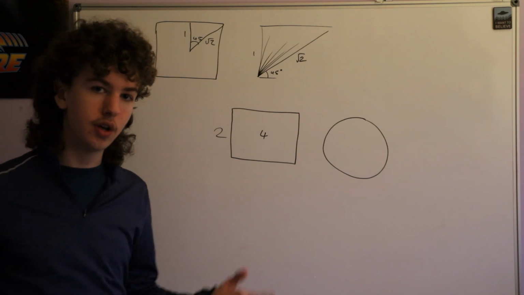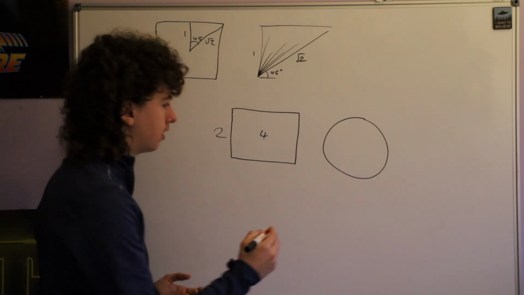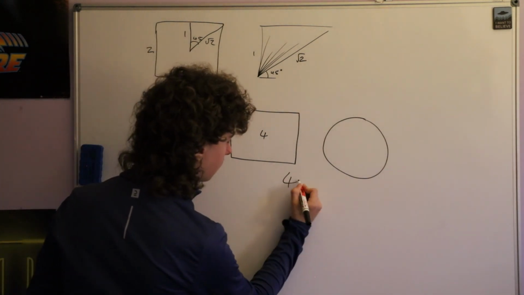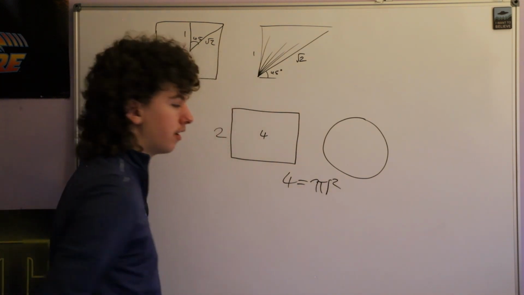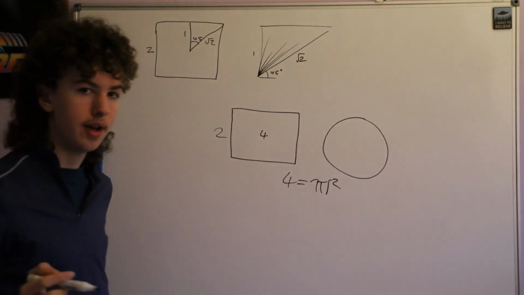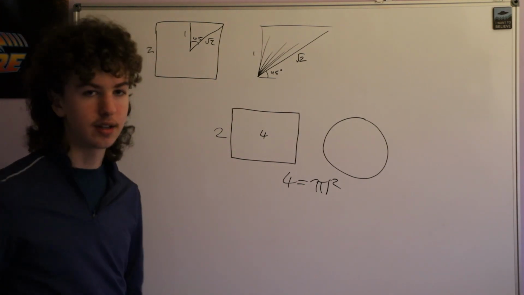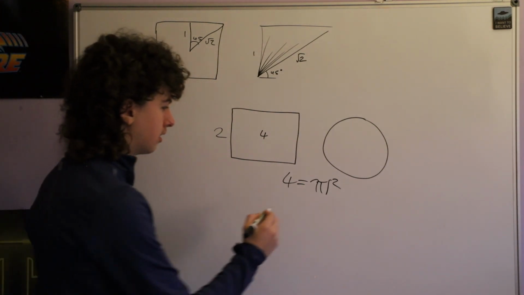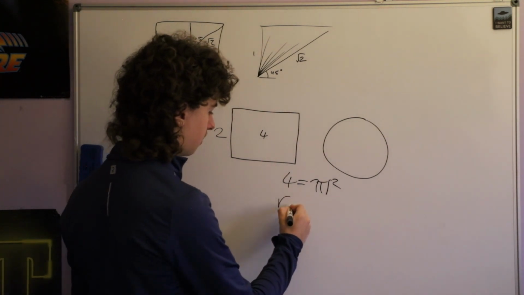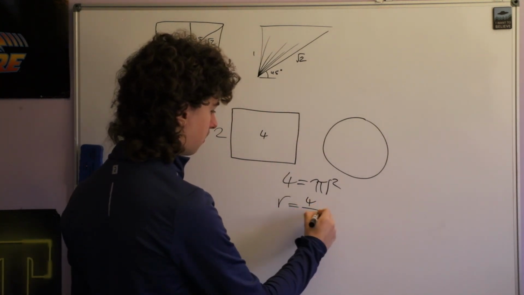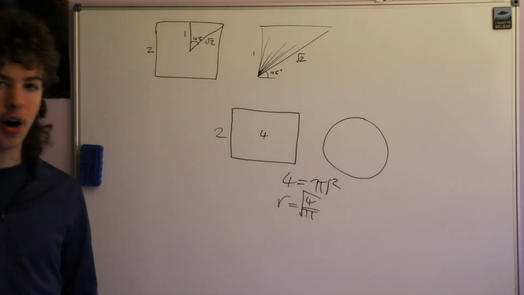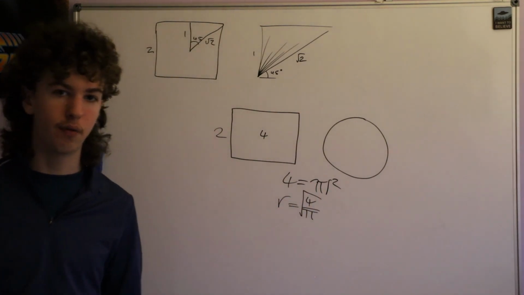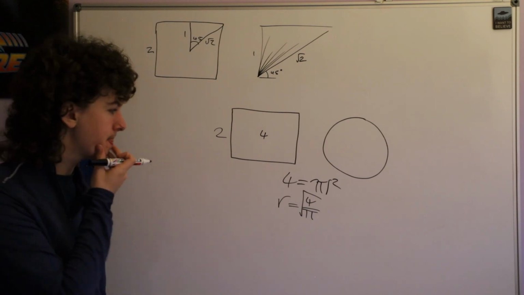What's the radius of the circle? Well, we know that 4 equals pi r squared for the circle, because that's an expression for the area. So our r is just going to be the square root of 4 divided by pi.